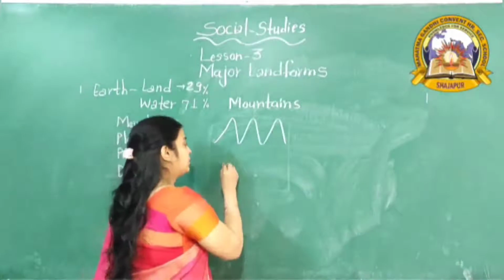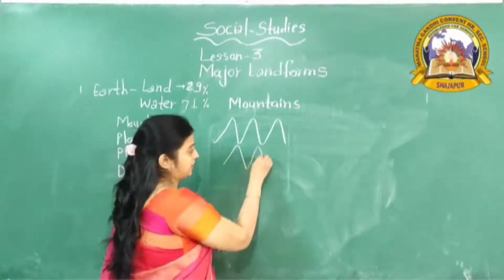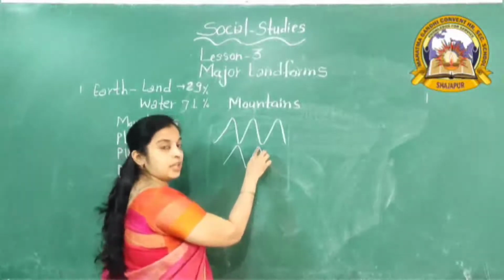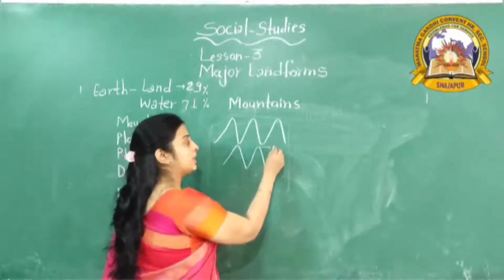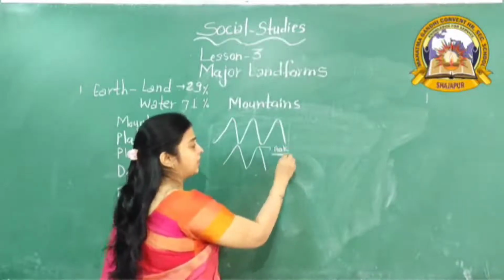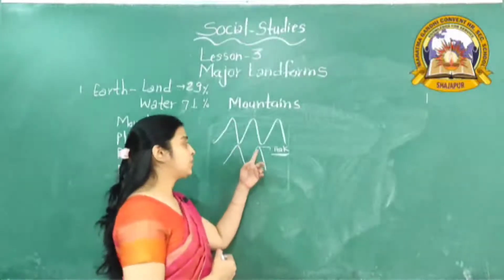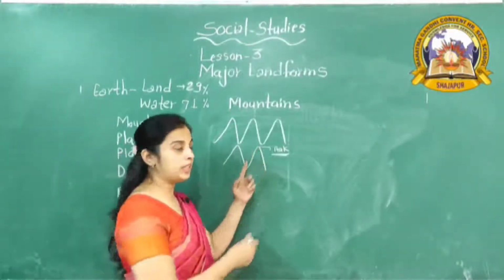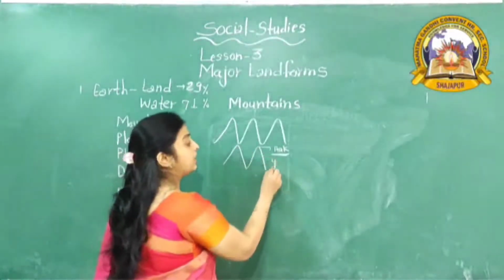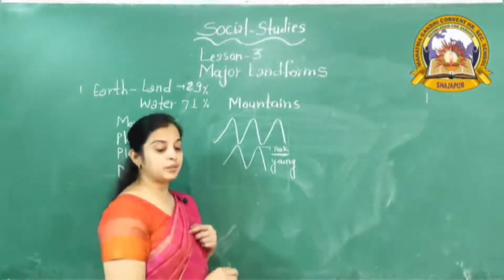Those mountain peaks are conical. The top of the mountain is known as peak or summit. So those mountain peaks that are conical are known as young mountains.